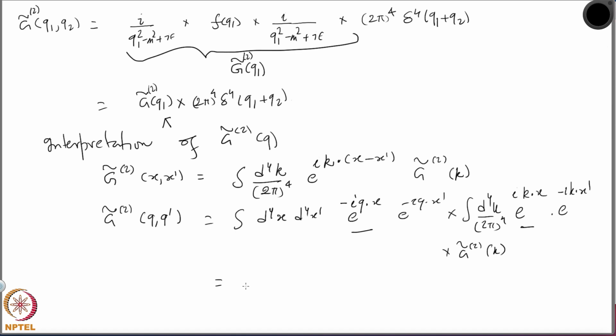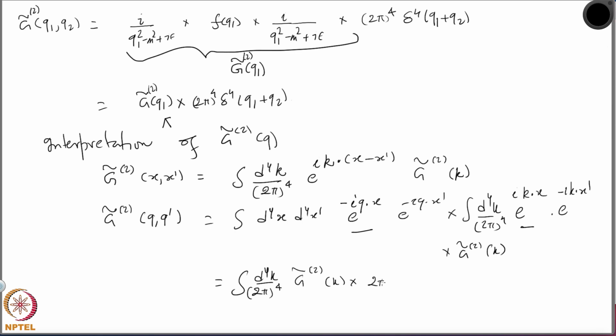So that gives you a delta function, and similarly for x prime you'll again get a delta function just like for x, and then you're left with the integral d4k over 2 pi to the 4, okay, times g tilde 2 of k times these delta functions that you get after doing the x integrals.